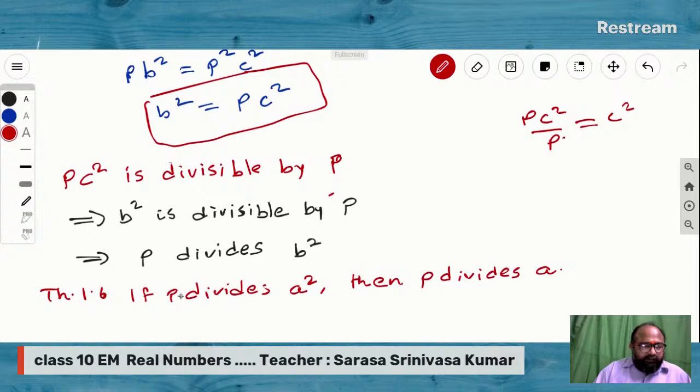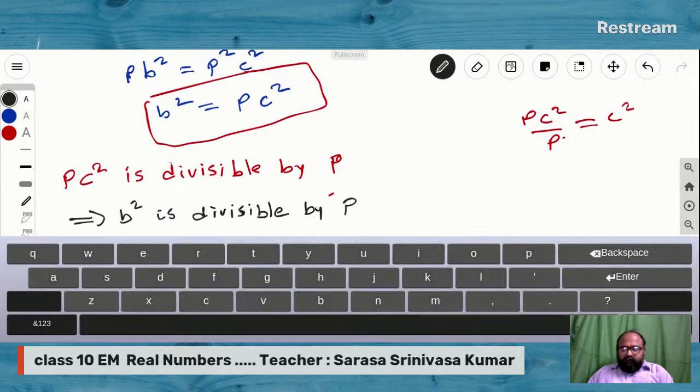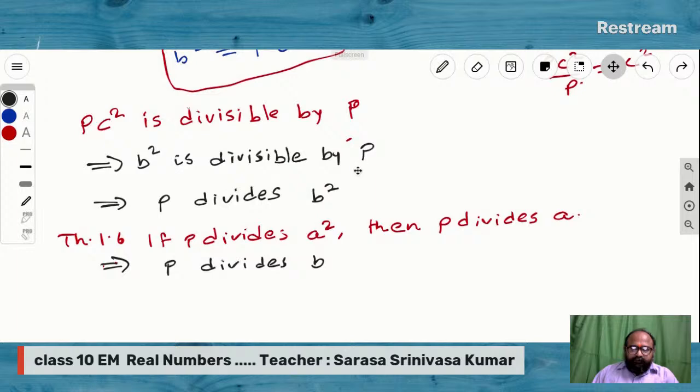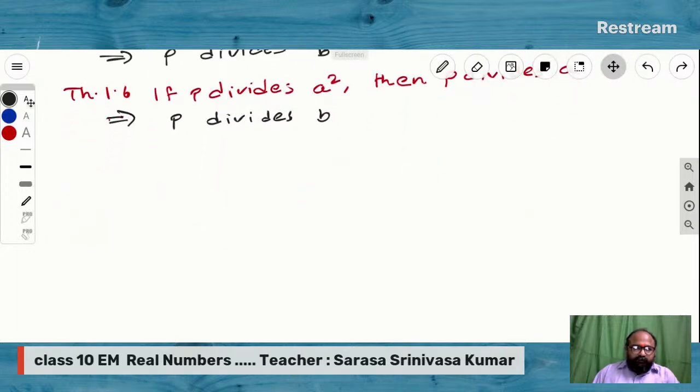From this statement, we can conclude that this implies that P divides B. So now we got that P divides A and P divides B.